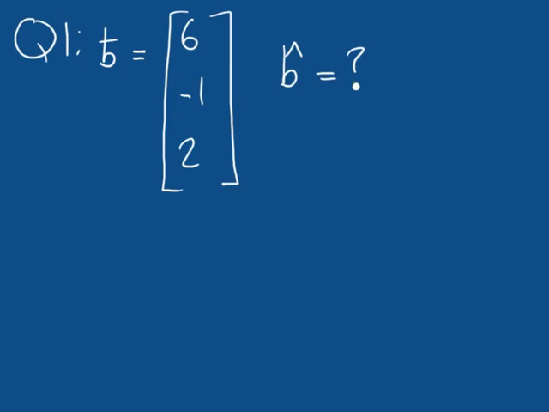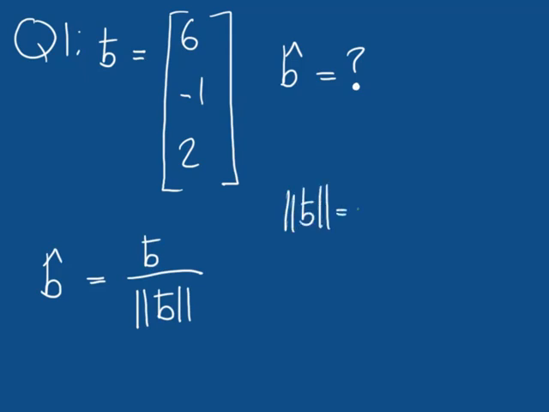So we're going to be normalizing b. That means to calculate b hat, our unit vector in the same direction as b, we're going to take b and we're going to normalize it by dividing it by the magnitude of b. So the first thing I'd like to do is calculate the magnitude of b, which we know is equal to the square root of x squared plus y squared plus z squared.